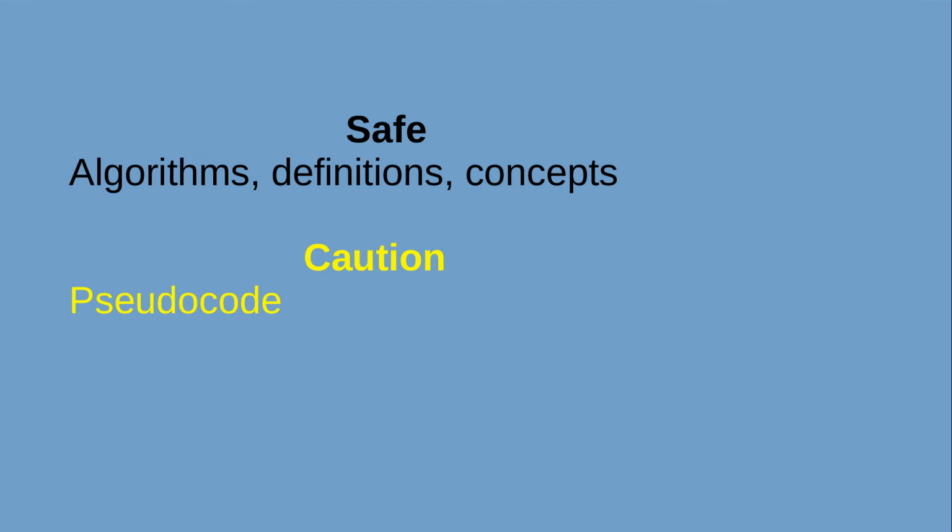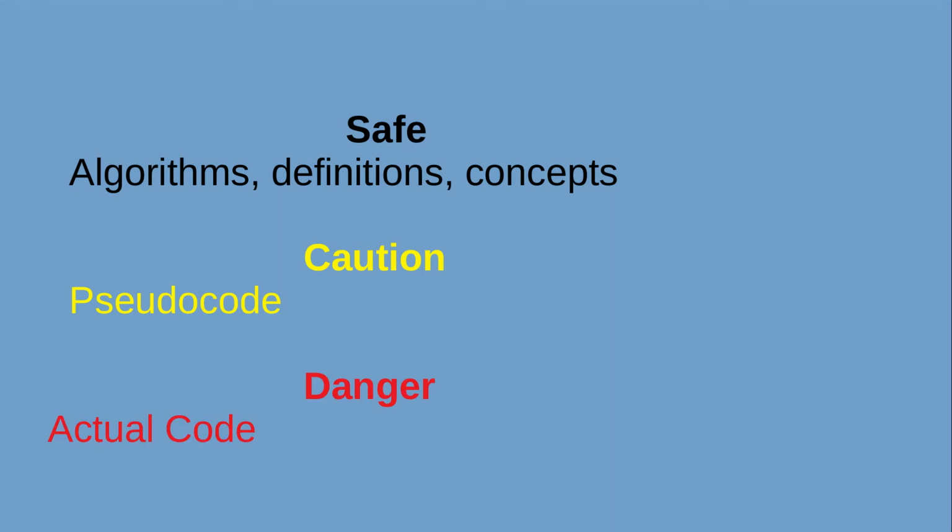It kind of depends if your goal is to write the C code or to come up with the algorithm. If a teacher says, I want you to figure out how to do such and such, and 2 students figure it out exactly the same way, that can be as bad as having exactly the same C code. So that kind of depends on context. In this course, pseudocode's probably safe.